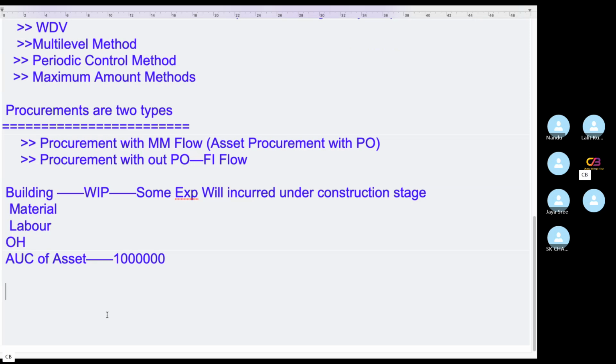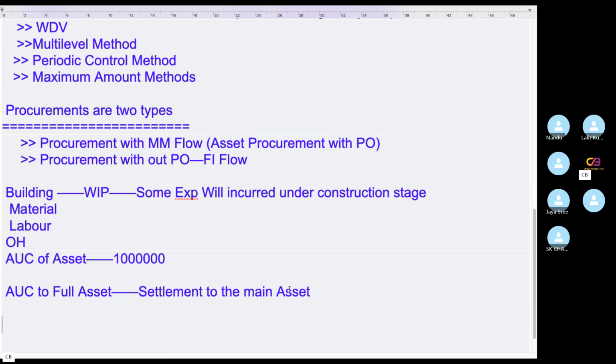Once the asset is finalized, that means AUC to full asset, whatever expenditure happened for this asset at the under construction stage will be transferred. That is called settlement, settlement to the main asset. So the AUC cost is 10 lakhs rupees, and the final building is the main asset, the full asset.